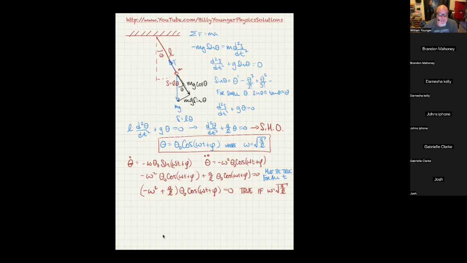Your book does take the time to show you that in that small angle approximation, see table 14-1.